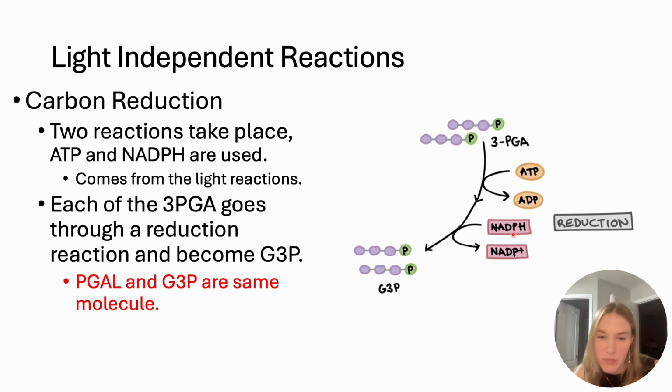It will give it to an intermediate that will ultimately turn into G3P, and then since it dropped off those electrons, it turns back into NADP+. Now, NADP+ and ADP can go back to the thylakoid membrane and then be converted back into ATP and NADPH for this cycle to continue. So this is carbon reduction.